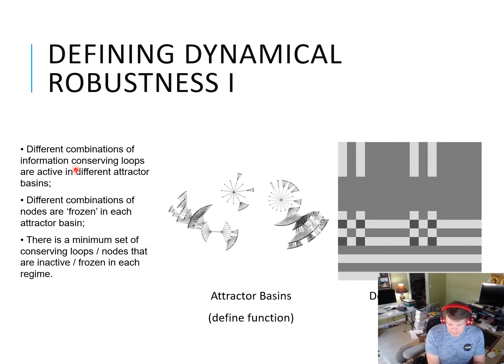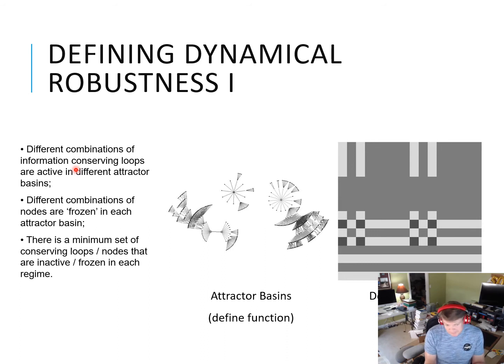They're not allowing information to flow anymore. The information might go through the first few nodes, get passed on to the next one. But as soon as it gets to one of these frozen nodes, information doesn't pass any further. So essentially, that feedback loop has been cut off. It's no longer playing a role in the ongoing dynamics of this system.